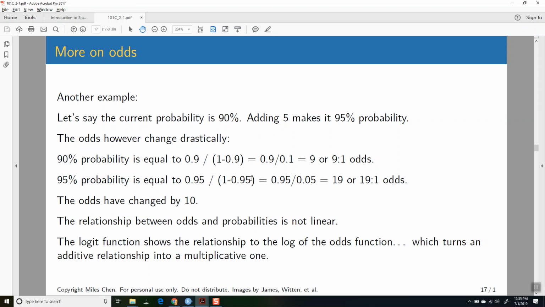But anyway, that's odds. Logistic regression talks about a change in the log odds. Here we have a change in the odds of 10, but the logit function talks about the log of the odds, which basically says that instead of adding 10, you're going to multiply by some factor.